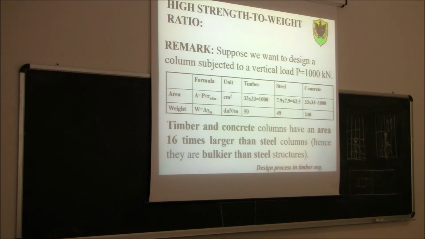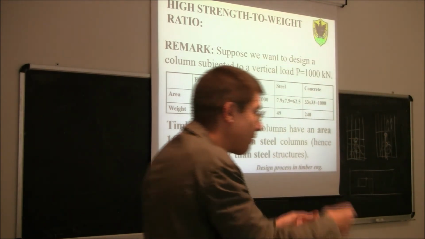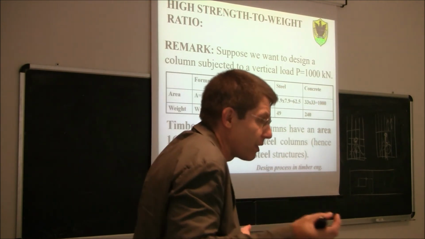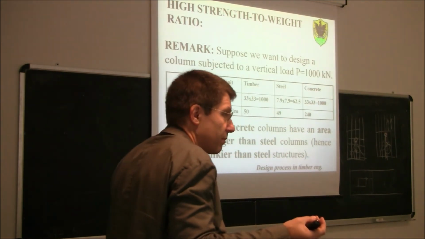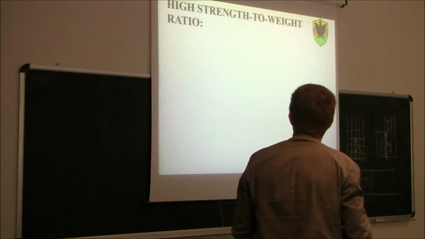This is very important because, of course, when you do the conceptual design of a building, you need to make the architects aware that some things are possible, some are not. You can't have a very slender structure made of timber. It's impossible. Okay? You need to use other materials.